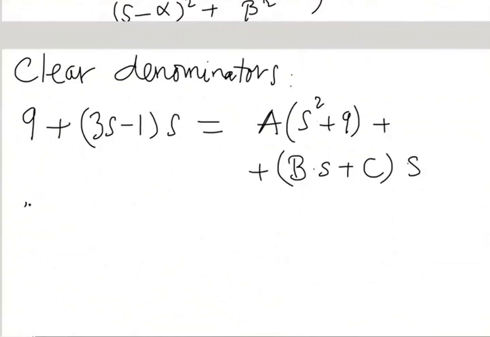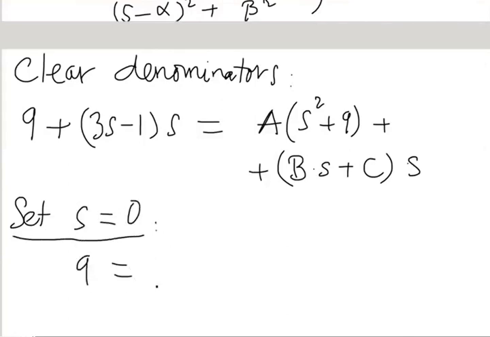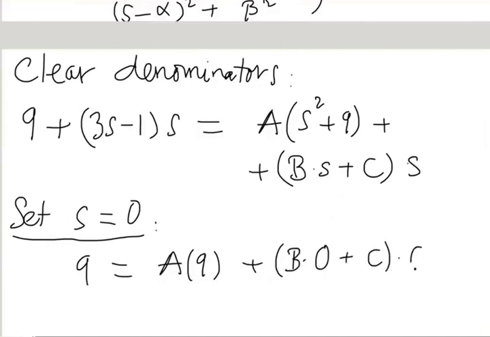Now we could set s equal to 0, a special value. We would have 9 equal to a times 9, and everything else is 0, because we have b times 0 plus c, but then 0 here as well. Those cancel out. From here we have a equal to 1 easily.